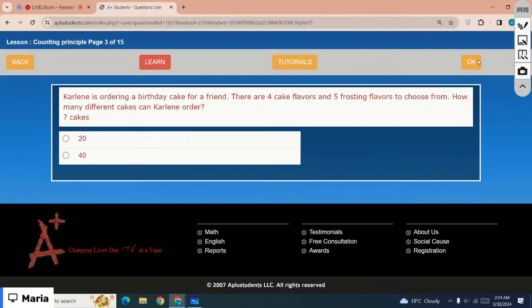The next one is Caroline is ordering a birthday cake for a friend. There are four cake flavors and five frosting flavors to choose from. How many different cakes can Caroline order? So, which is the correct option?